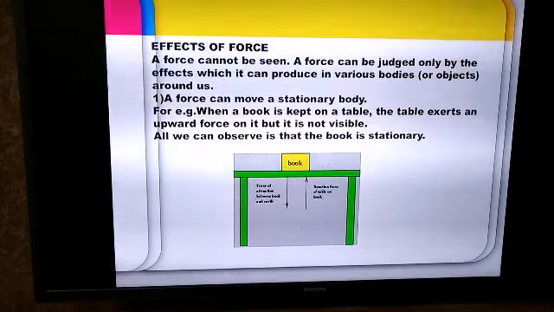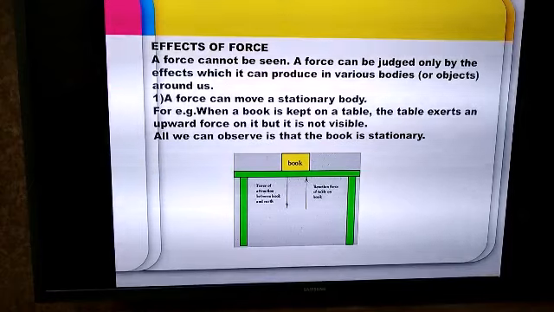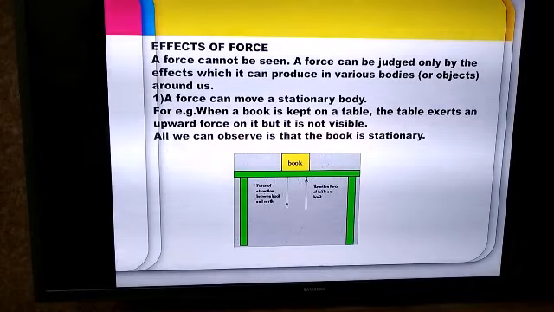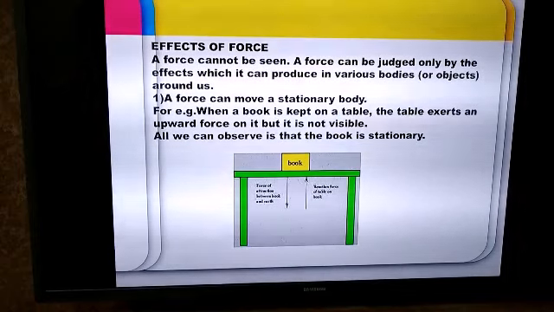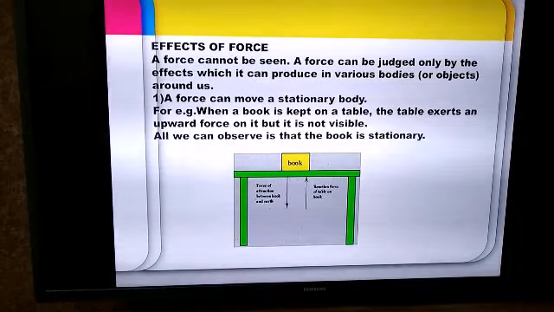Let's take an example. A book is kept on a table. Now is the book moving? No, it is stationary. Now is there any force acting on the book? Yes. When the book is kept on the table, the book is exerting a downward force of action on the table. At the same time, the table is also exerting an opposite force of reaction on the book.